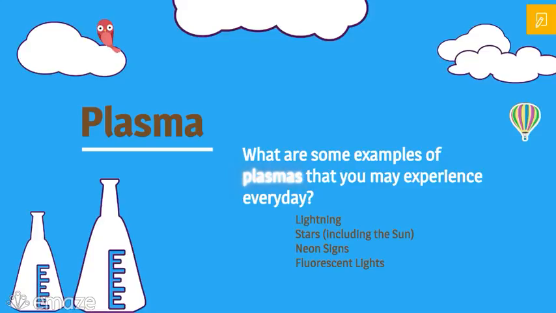The electricity and the gas particles interact, and they form plasma that glows, and that's how we have open signs and such, and the fluorescent lights that we see in some buildings.